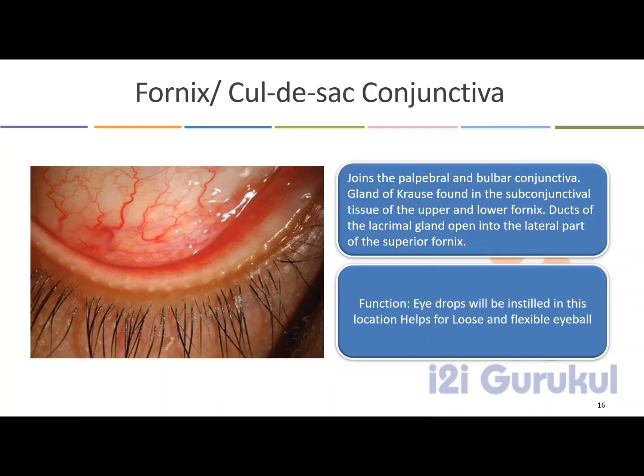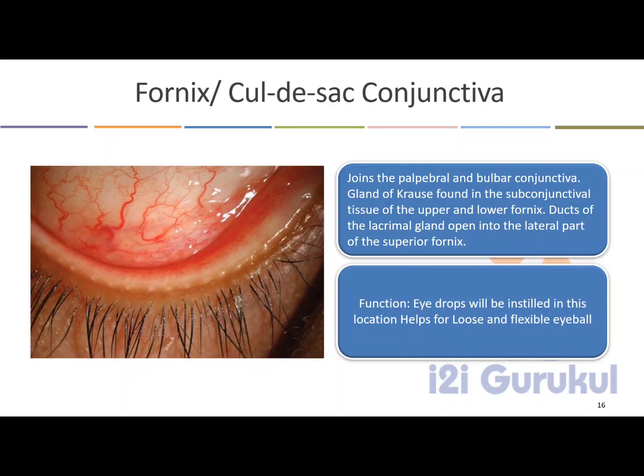Coming to the last point of the conjunctival layer, that is the fornix, or we can call this cul-de-sac conjunctiva. The fornix, the area where the palpebral and bulbar portions of the conjunctiva meet beneath the upper and lower lids, is a loose pocket of conjunctival tissue. This is called the fornix or cul-de-sac.